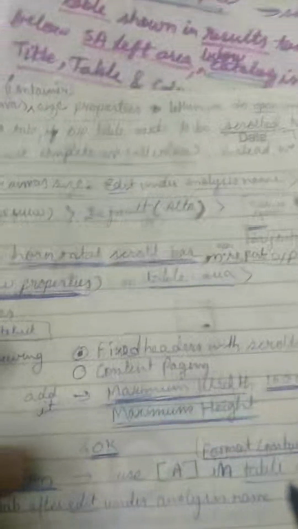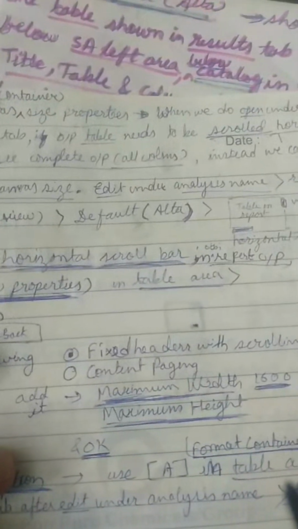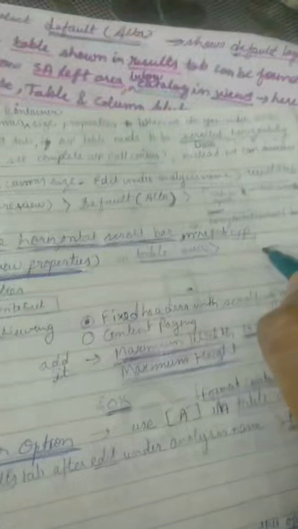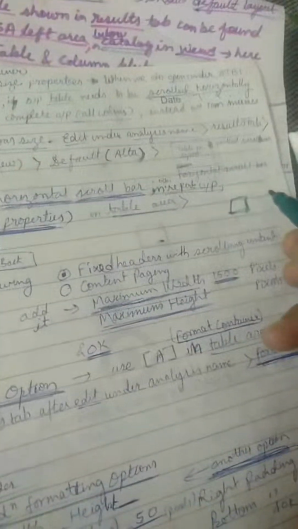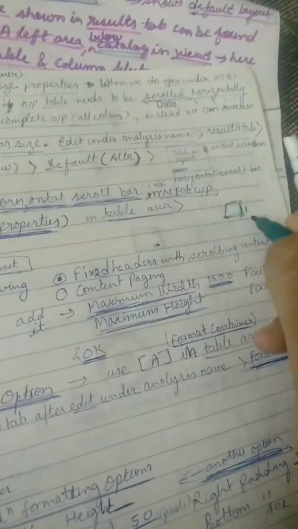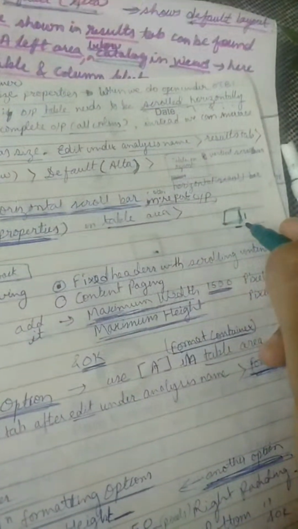A few more things that I needed to cover: I want to discuss a few more things in view properties and format container. Let's say you have an output and you want to see the horizontal scroll bar and vertical scroll bar in the output.